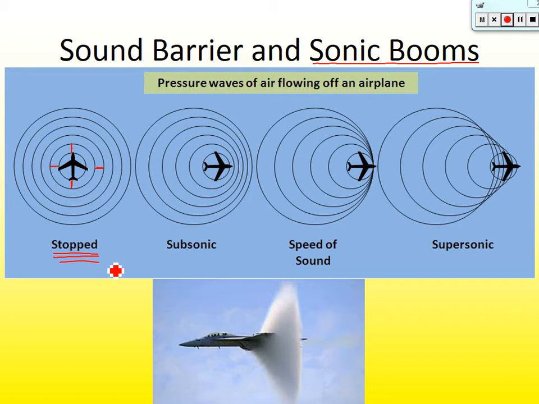Now let's say that it starts flying pretty fast, but it's not breaking the sound barrier, so it hasn't gone faster than the speed of sound. What you'll see if this plane is moving to the right, in front of the plane, because the plane is moving that way, all these sound waves start to bunch up. And so you'll see higher frequency here in front of the plane, and behind the plane, you'll notice the frequency is much lower.